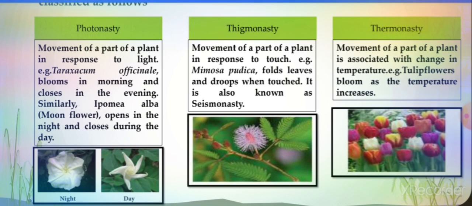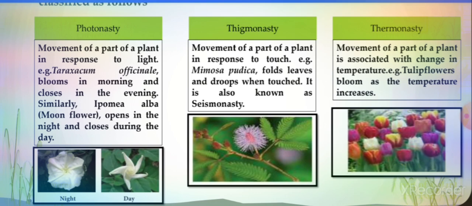Now this Taraxacum officinale, these flowers, they bloom in the morning and those petals, they close in the evening. Similarly, there is another plant by name Ipomoea alba. The common name is called moonflower. It opens in the night and it closes during the day. So this is called photonasty.